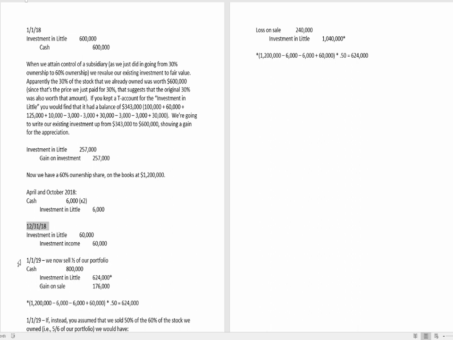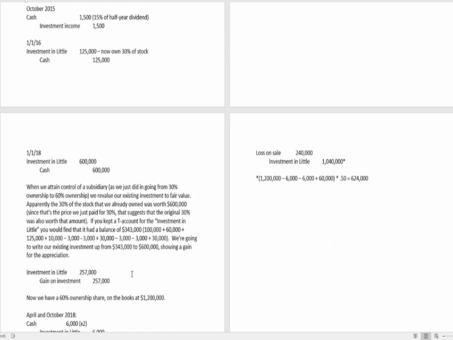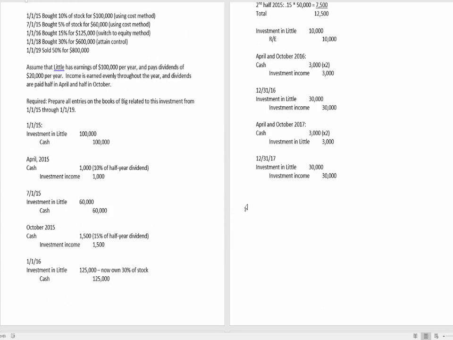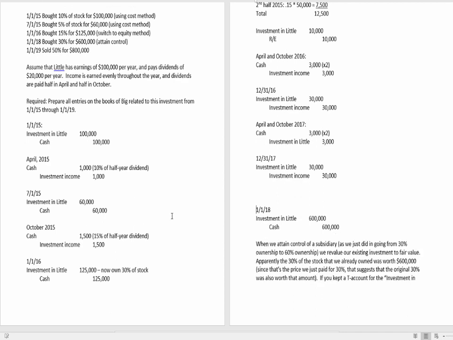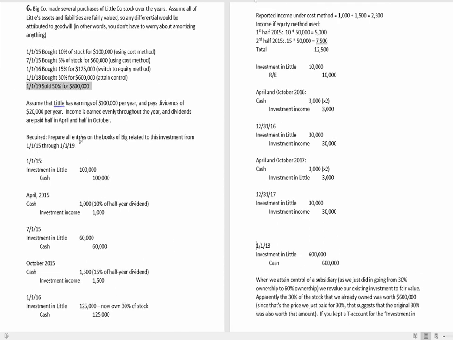Now on July 1st, 2019, we're going to go ahead and sell a good chunk of our portfolio. And I wasn't entirely unambiguous, and it wasn't intentional, I assure you, the way I wrote this. It said sold 50% for $800,000.